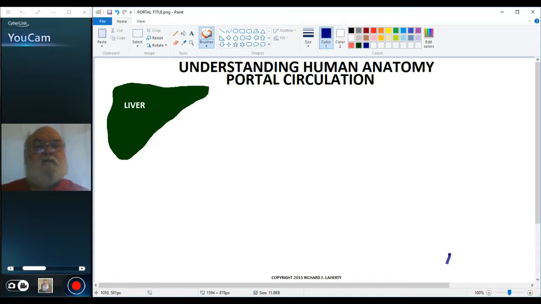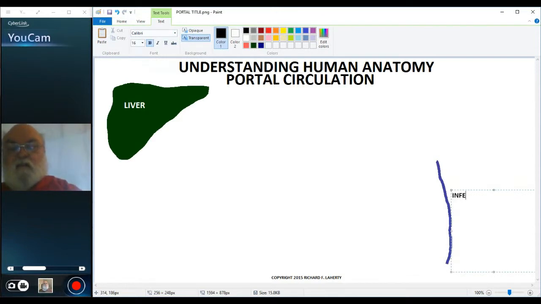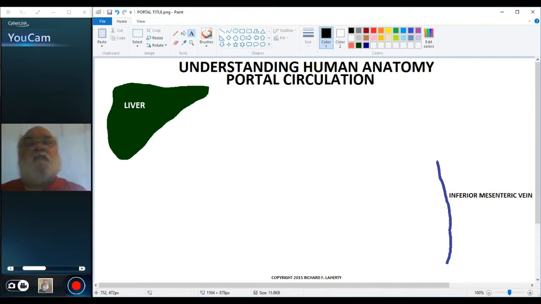So over here on the left side of the body we have the inferior mesenteric vein. So there is the inferior mesenteric vein.